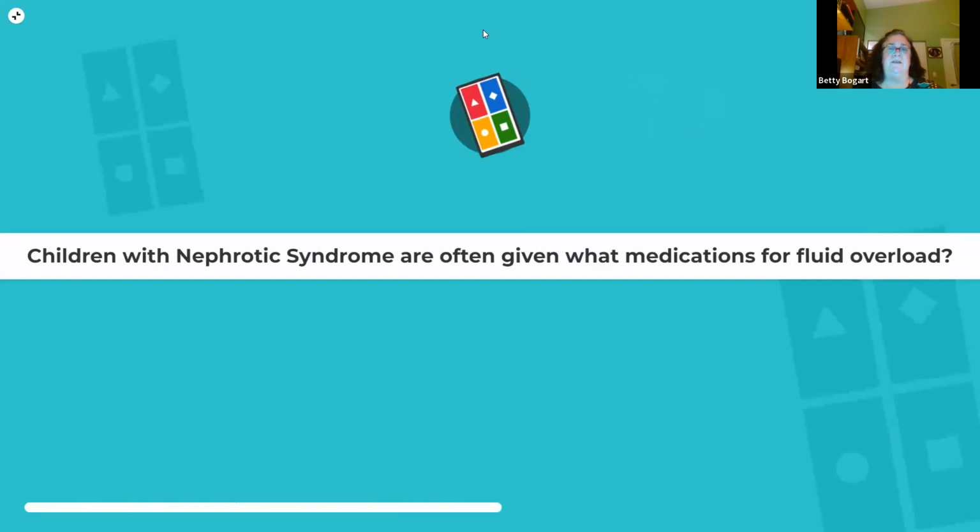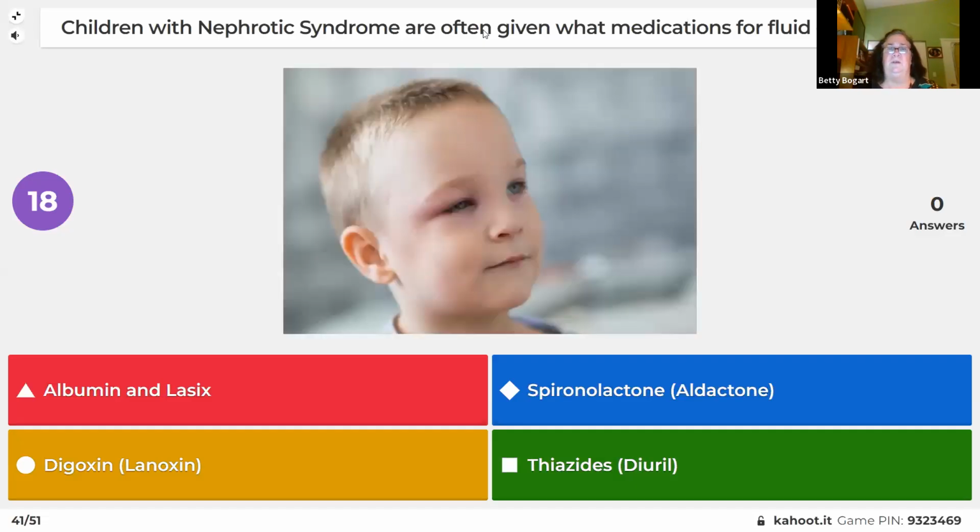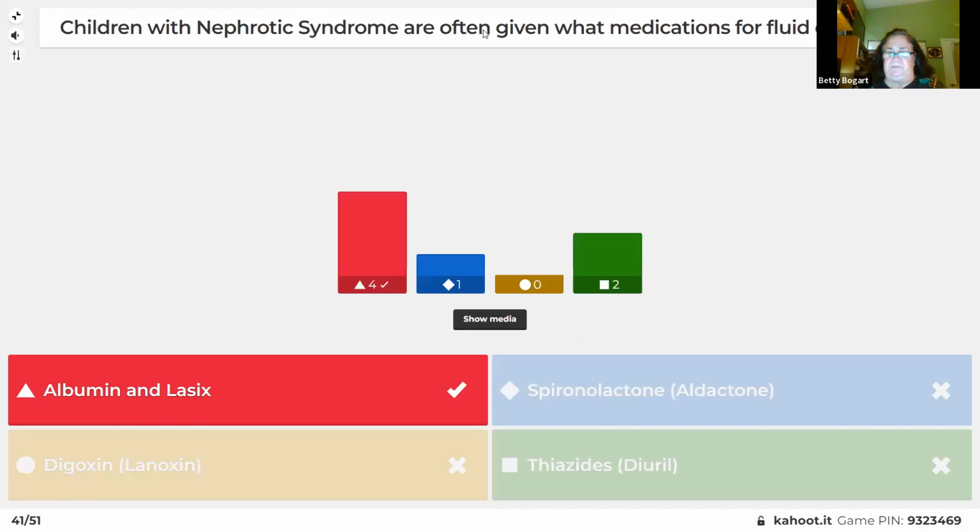Children with nephrotic syndrome are often given medications for fluid overload. So you're swollen everywhere. This is a pretty high level concept. We're swollen everywhere, and we need to pull that fluid from the interstitial, put it back in the vasculature and get rid of it.